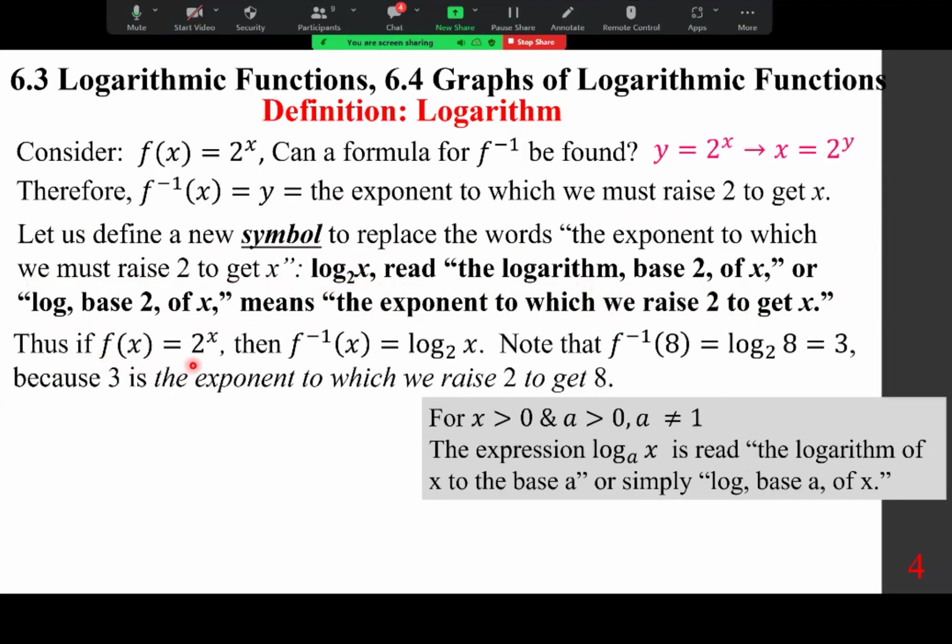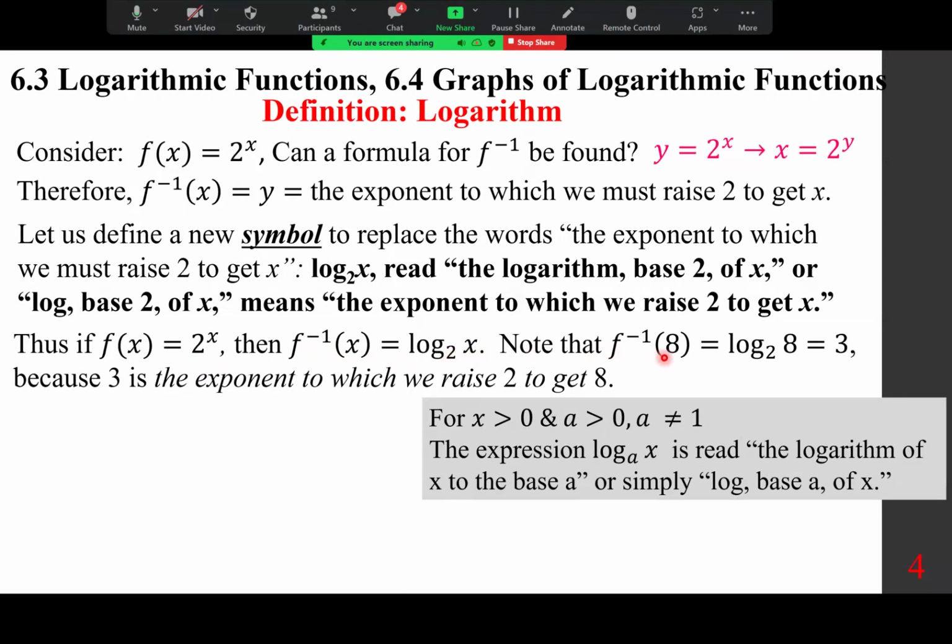Thus, if f of x is 2 to the power of x, then f inverse of x equals log base 2 of x, however you want to read that. You have to mention base with number 2.